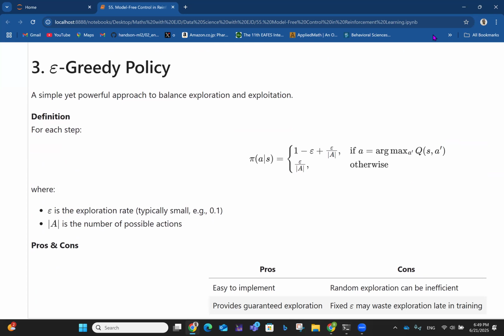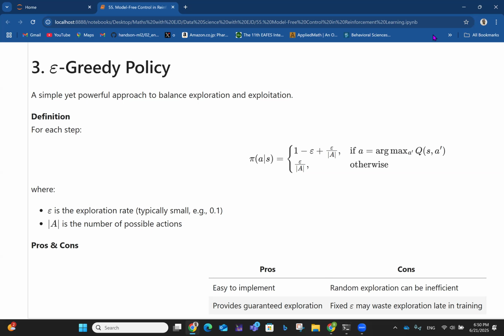So for the epsilon greedy policy, this is a simple yet powerful approach to balance exploration and exploitation. For each step, you have the policy of an action given a particular state, and that is given as the equation you have right there, where epsilon is the exploration rate, which is typically small. In mathematics, especially when we talk about limits, epsilon or delta is usually a very small positive value.